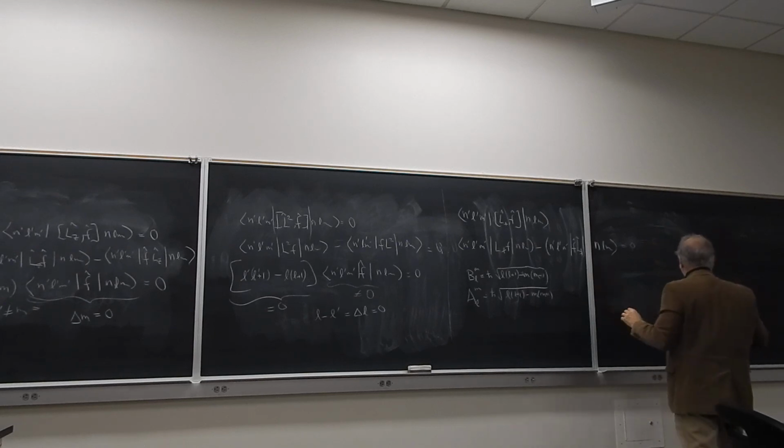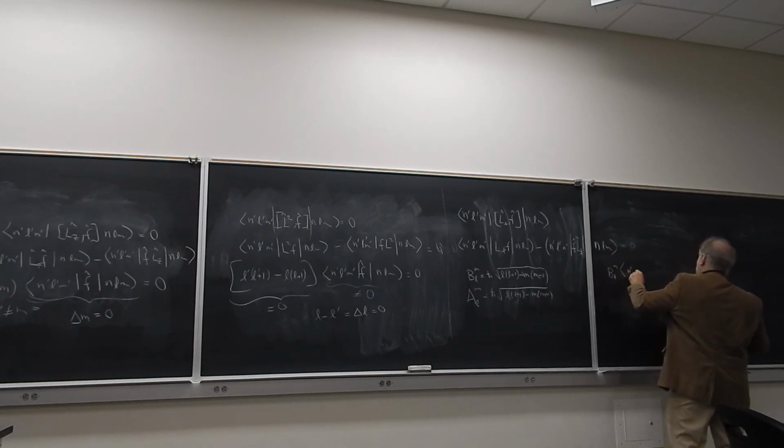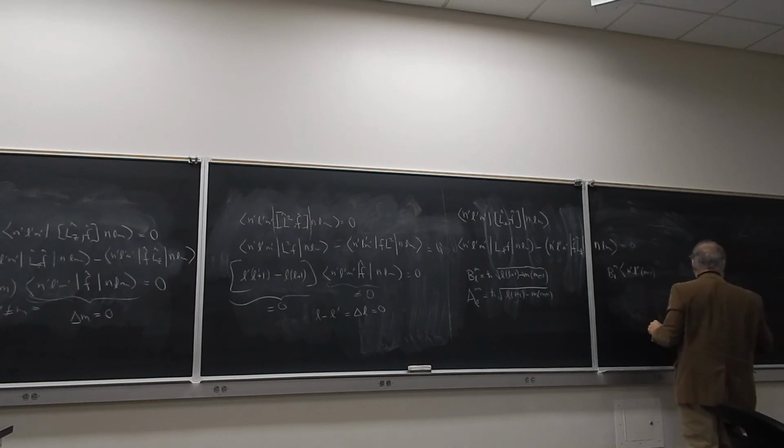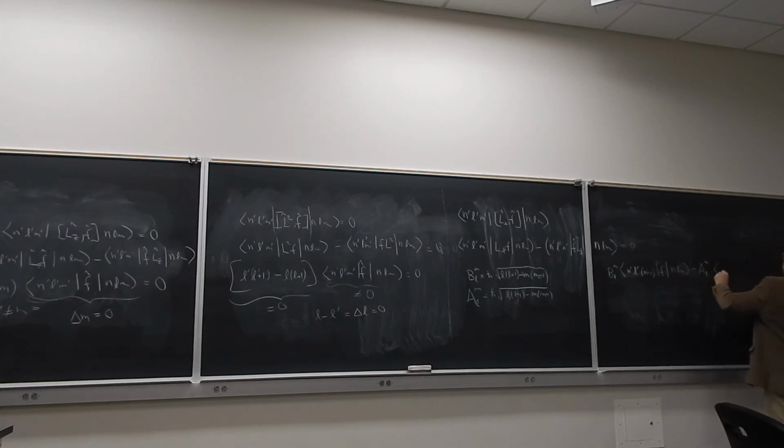And we can write this then as B L M N prime L prime M minus 1 M prime minus 1 F N L M minus A L M N prime L prime M prime F N L M plus 1 equals 0.